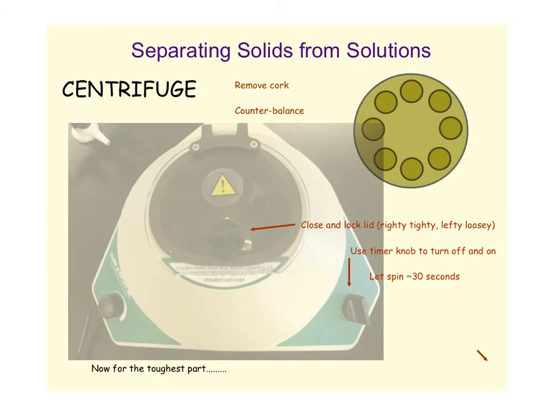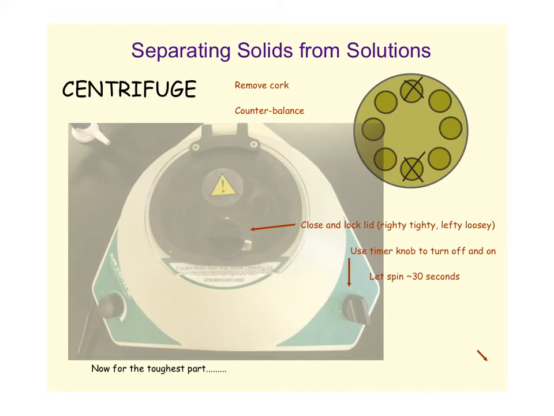You're also going to have to centrifuge in this lab. I can't remember if you've used centrifuges before or not, but make sure you never put corks on your test tubes in the centrifuge, and you have to counterbalance it. So if you only have one test tube, first ask the groups around you, hey, anybody need to centrifuge? And if they do, make sure you put their test tube opposite of yours.